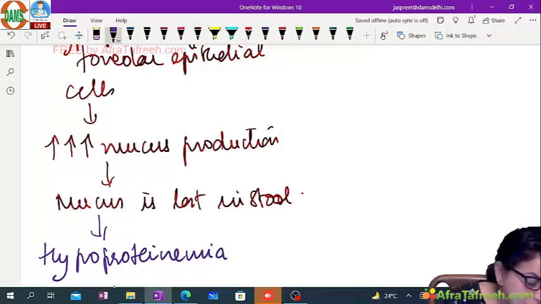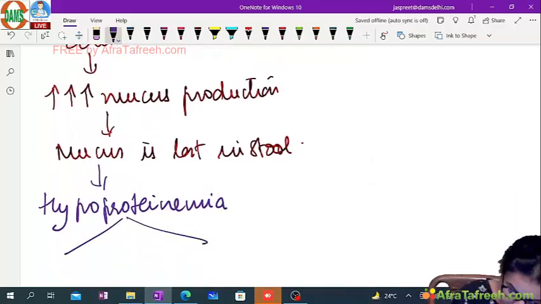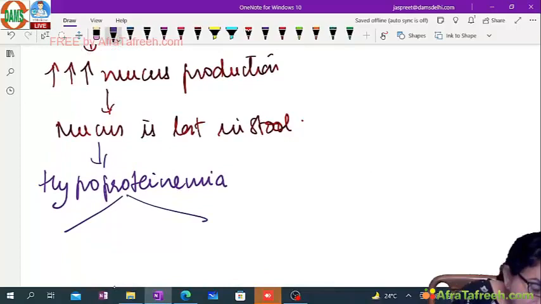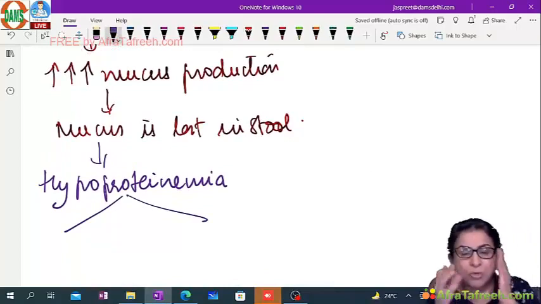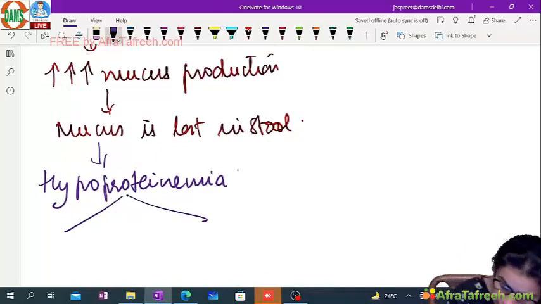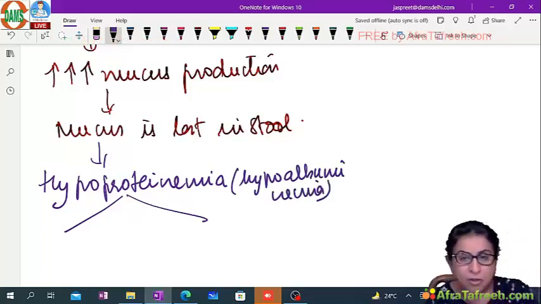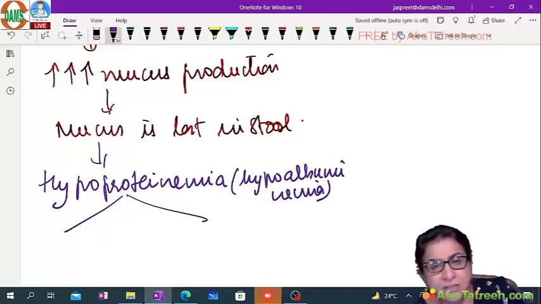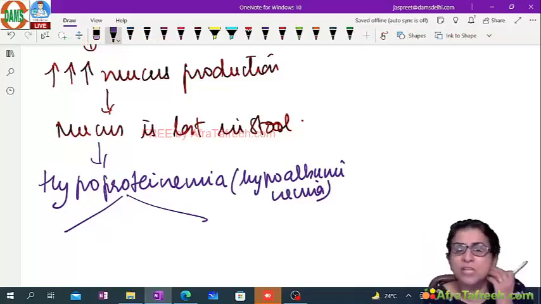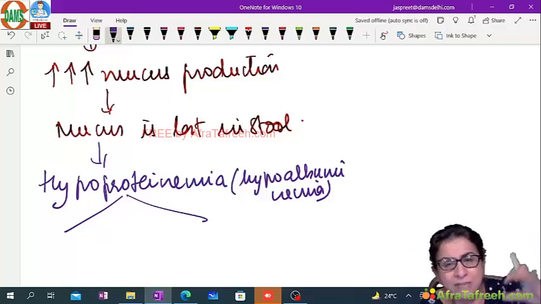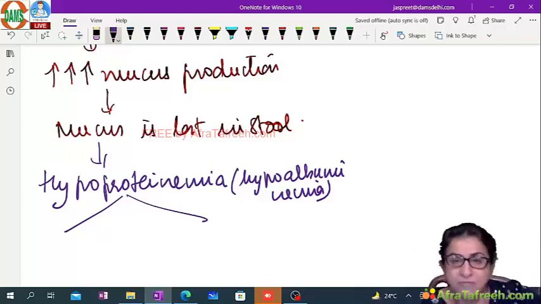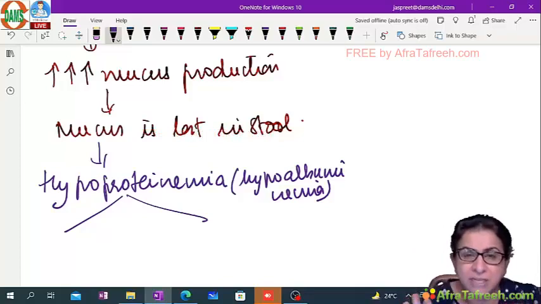This hypoproteinemia results in edema. If the amount of proteins in the blood decreases, especially hypoalbuminemia, they lose albumin, one of the proteins lost in the stool. A very important function of albumin in the blood is that it maintains the plasma colloid osmotic pressure; in other words, albumin retains water in the blood.